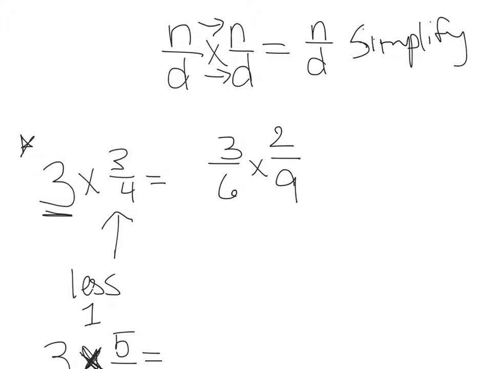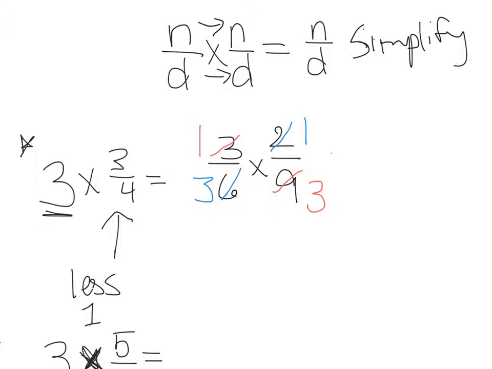I'm going to look for a top and a bottom that can be used to simplify these numbers. I know I can take 3's out of 3 and 9. There's one 3 in 3, and three 3's in 9. And then I see another top and a bottom over here with 2 and 6, and I can take 2's out of them. So this 2 becomes 1, and this 6 becomes 3.